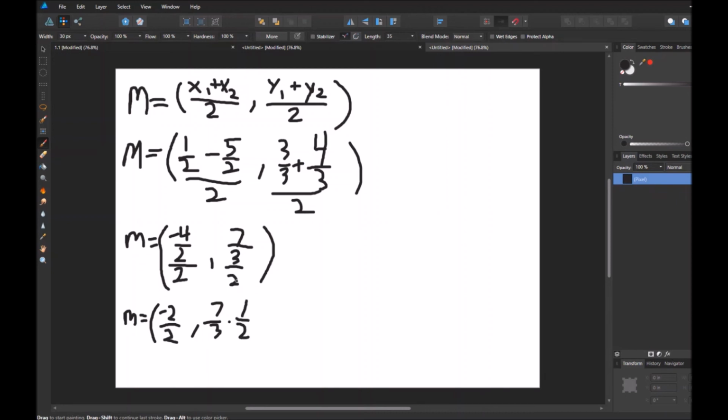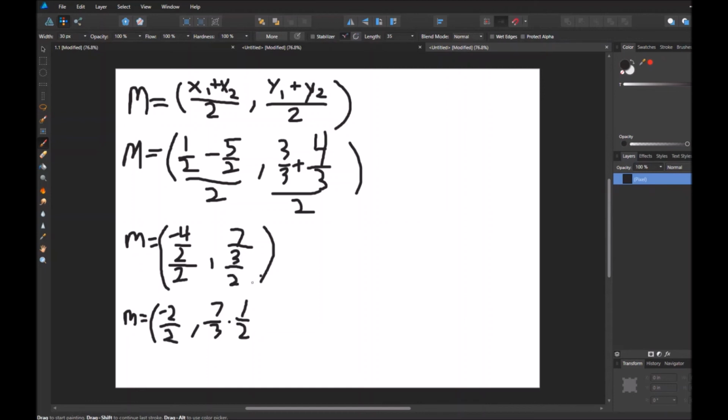And the reason for that is division is the reciprocal of multiplication. Meaning, if you're dividing by 2, we can change it to multiplication by flipping where 2 is. So 7/3 divided by 2 is basically the same as 7/3 divided by 2 over 1.